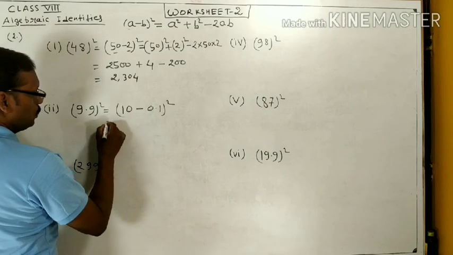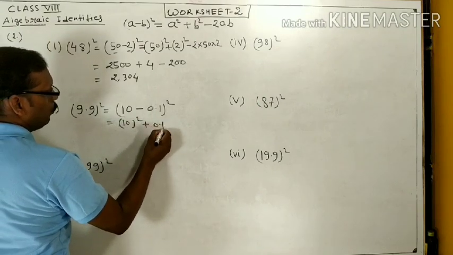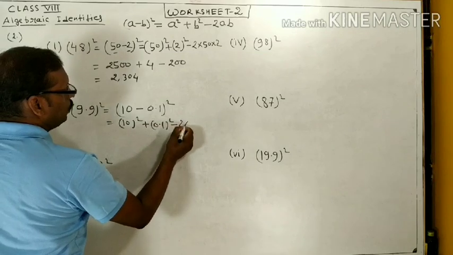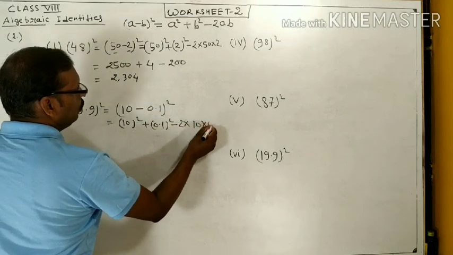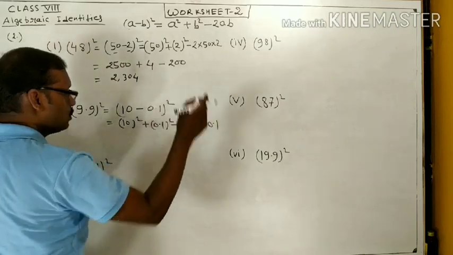Now solve this. 10 square plus 0.1 square minus 2 into a into b. In place of a it is 10 and in place of b it is 0.1.